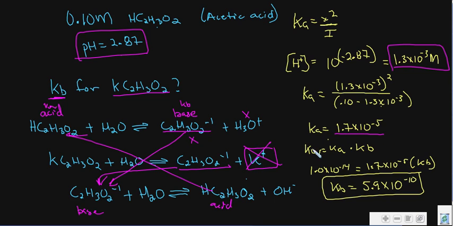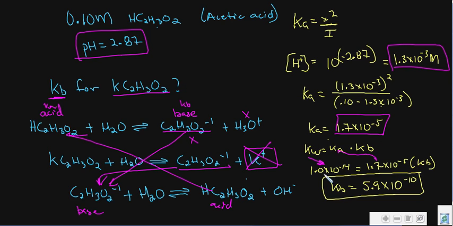My Kw, the ionization water constant, equals 1.0 times 10 to the negative 14th. Always does. It's just always that little number right there. And my Ka times my Kb always equals that. And I know my Ka, I just figured it out right here from all this information up here.